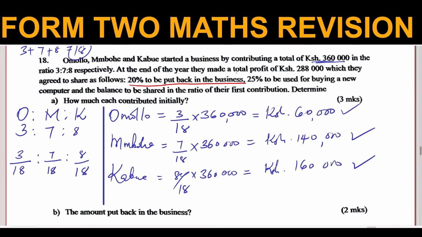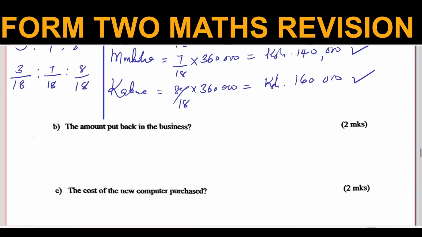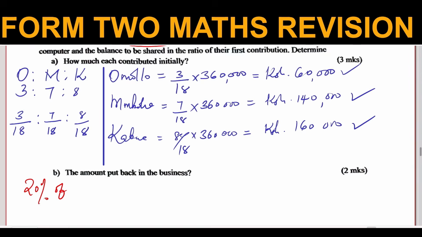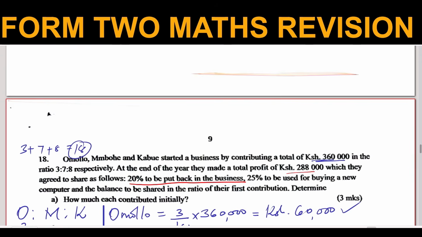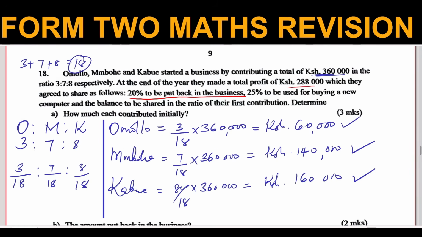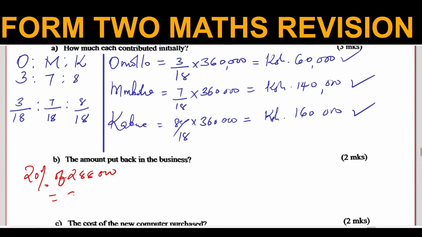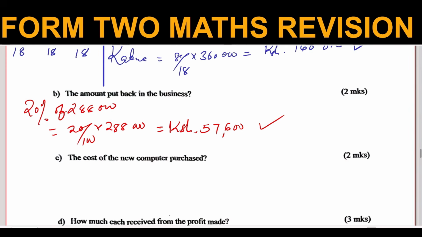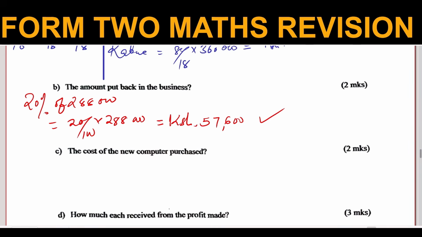At the end of the year, they made a profit of 288,000, which they agreed to. So 20% of the profit was put back to business. So this will be 20% of 288,000, and this will give 57,600.